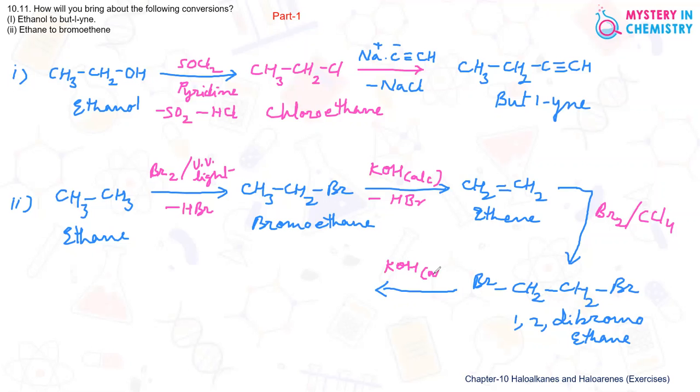By this one HBr is removed, and the product will be the final product, and that product is bromoethene. So it is CH2 double bond CHBr. Bromoethene is the final product.